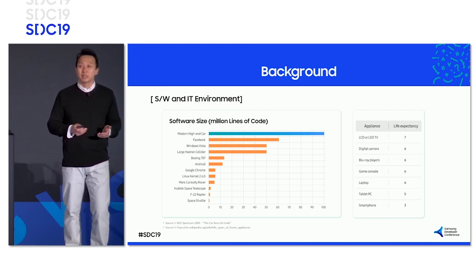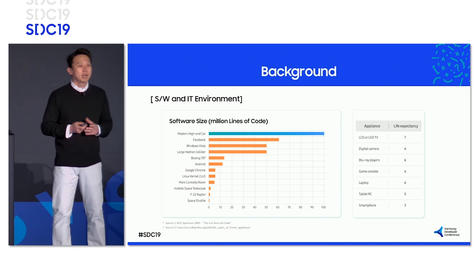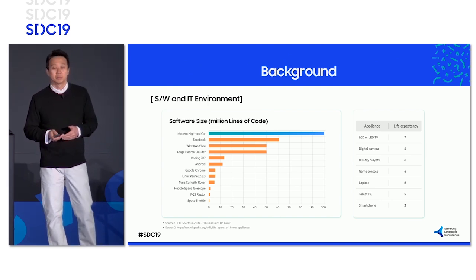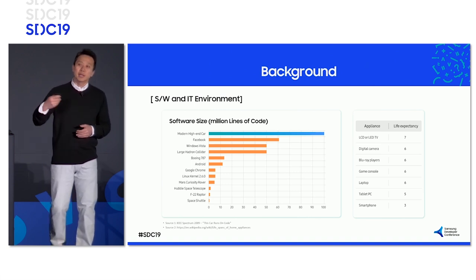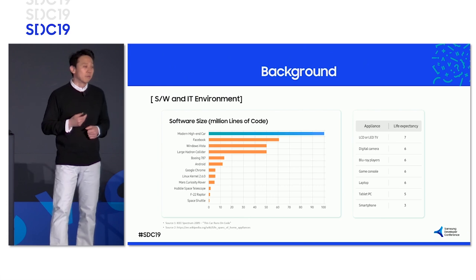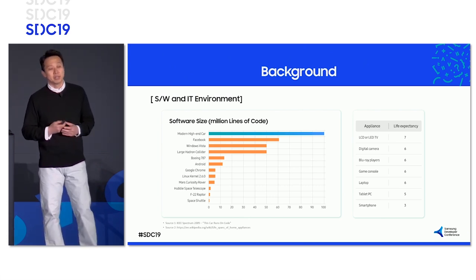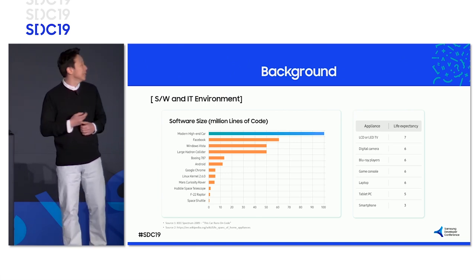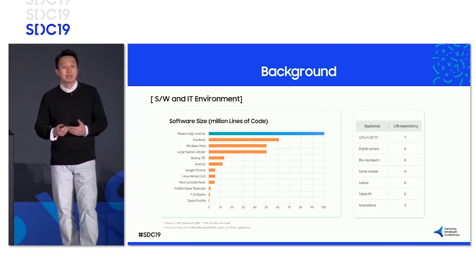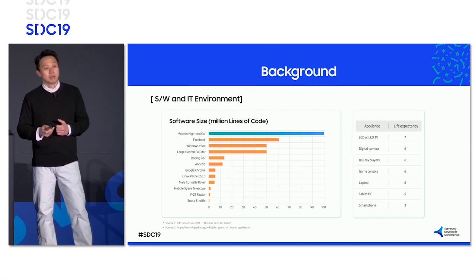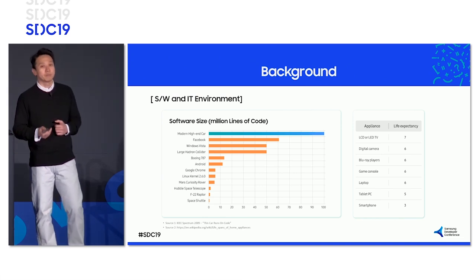And especially, the high-end car system has more than 100 billion lines of code. And if you get any smart device, even a smartphone, we will use this device for at least 3 years. So it means we need to handle the huge software for a long time to provide a secure experience to users using your software.